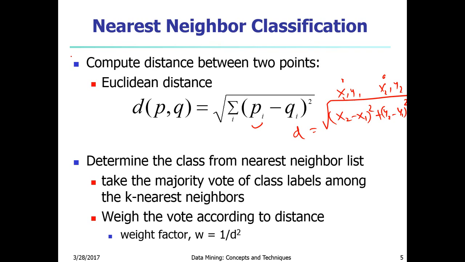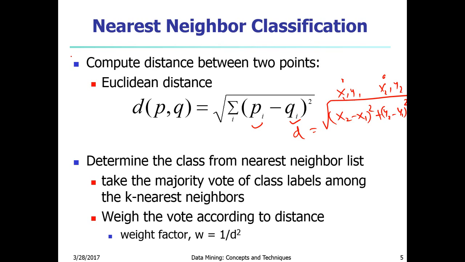So if pi is a data point and qi is another data point, just take the difference. The difference could be of coordinates or just any number. It could be any measurable quantity, a length, breadth, height, weight, or anything. Take the summation of the squares, and take the square root, and you find the distance.